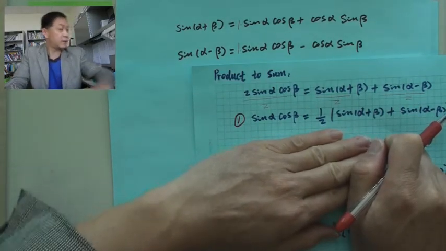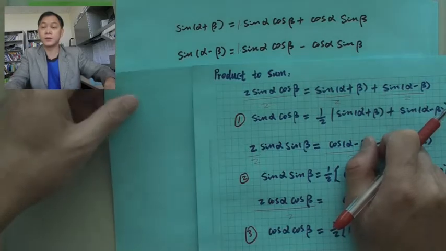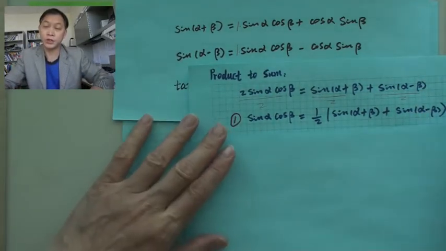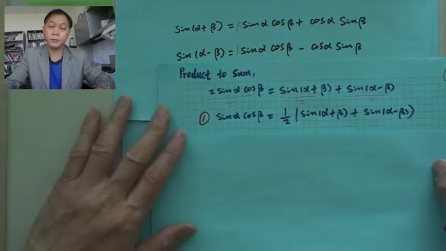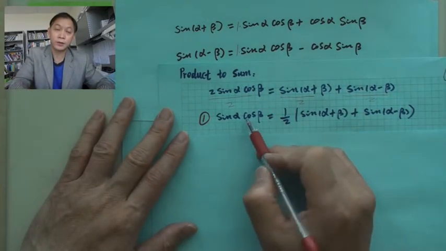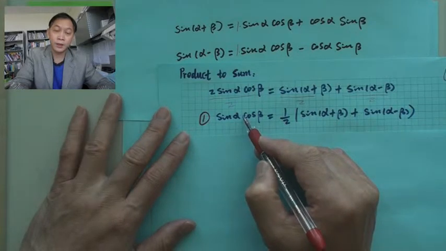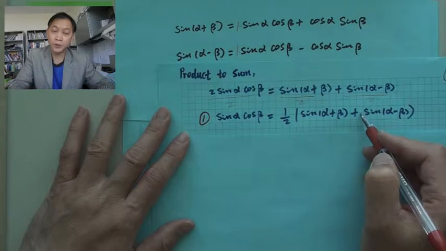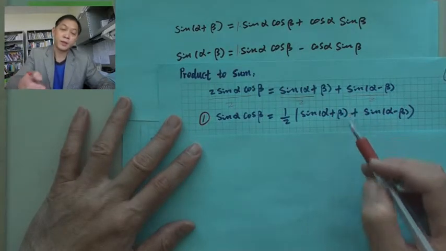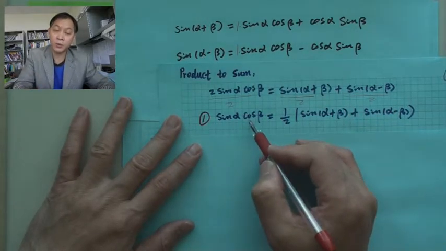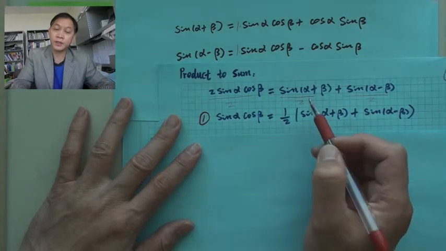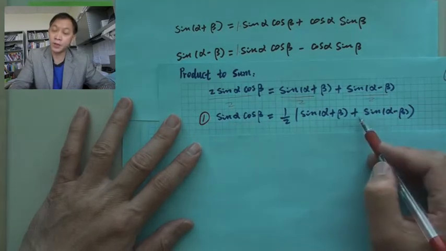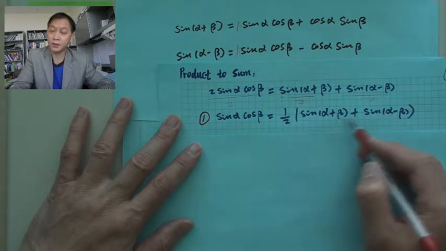The left hand side is just a product. The right hand side is a sum. So in this case we say, if you have a sine alpha times cosine beta, then if you put 1/2 in front of it, you can change this to a sum of sines.